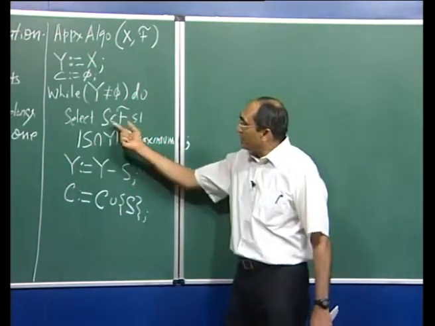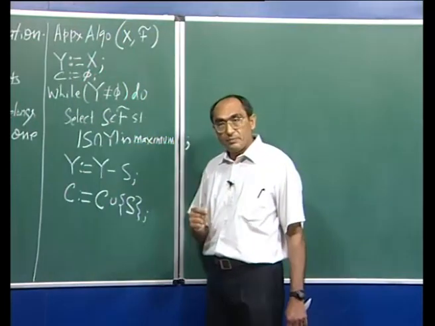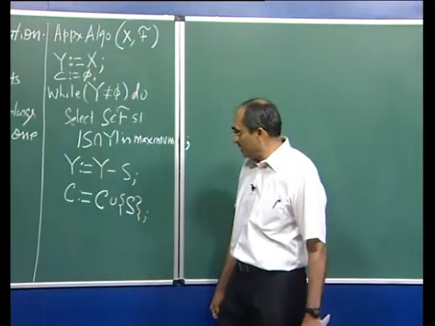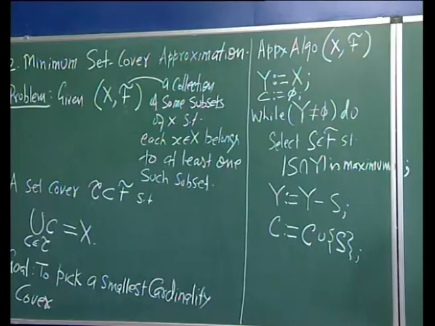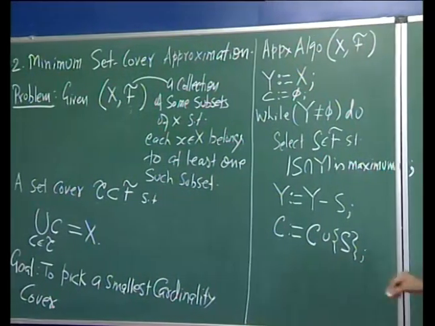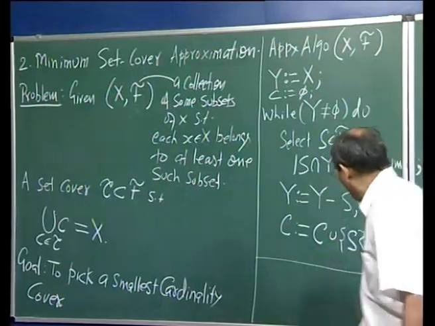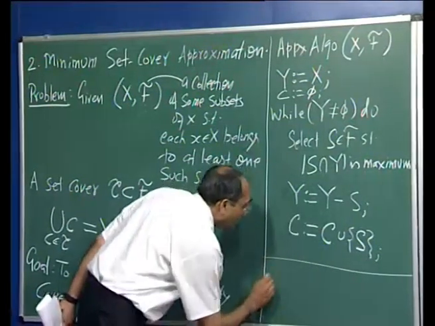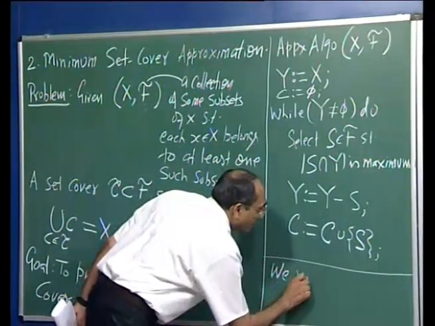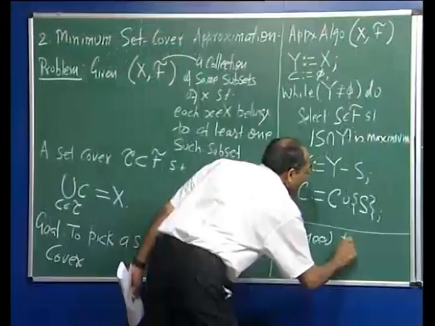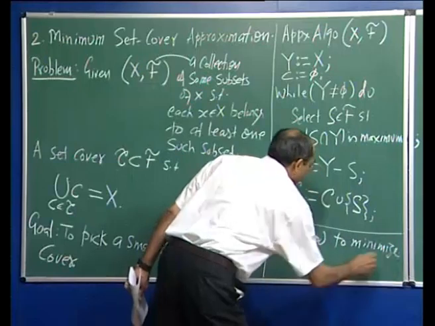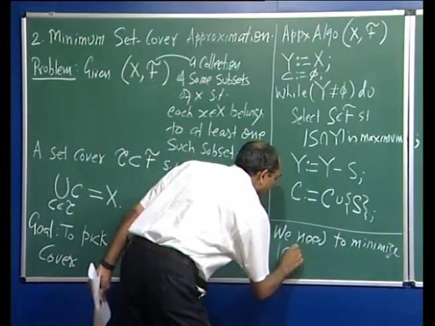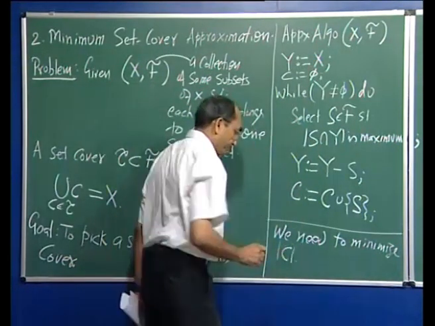I am incurring a cost of 1 because our goal is to minimize the cardinality of C, right?